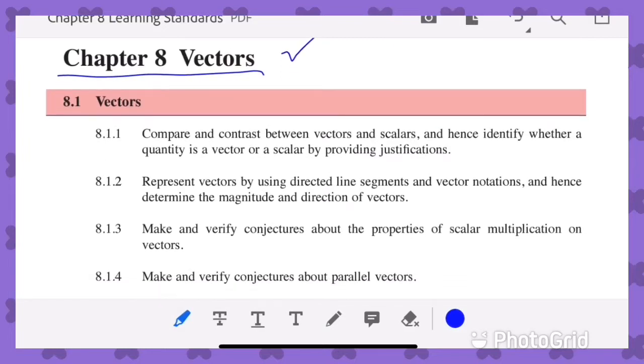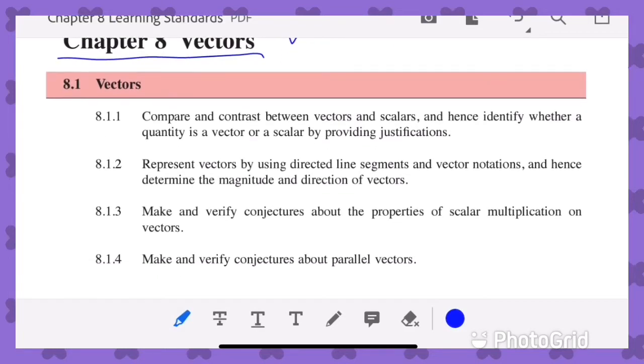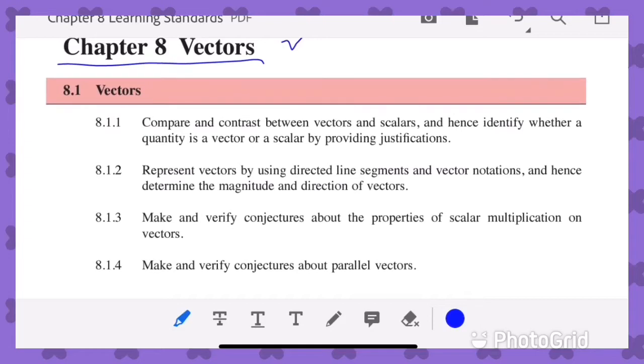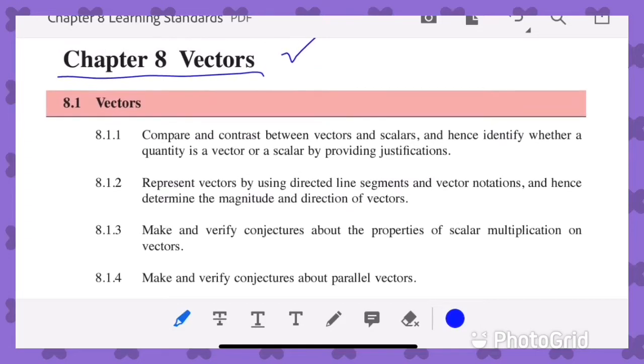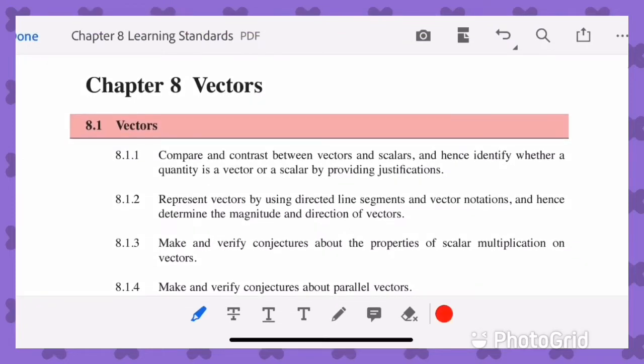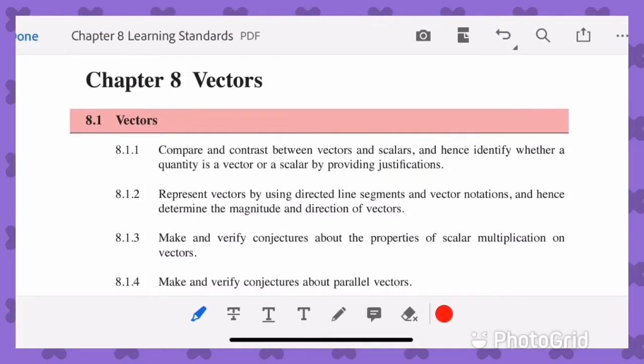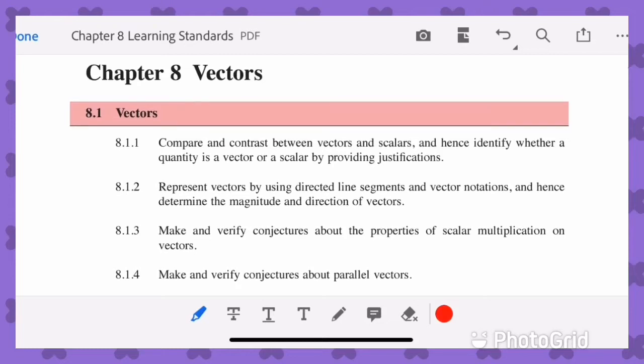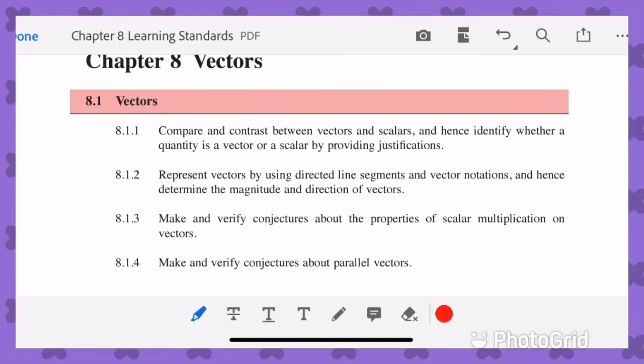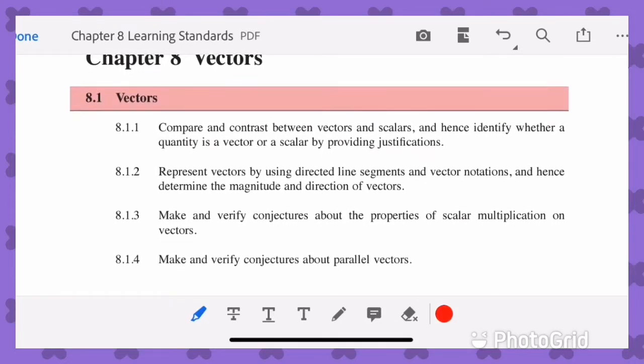Then you have to know how to represent vectors by using directed line segments and vector notation, and hence determine the magnitude and direction of vectors.